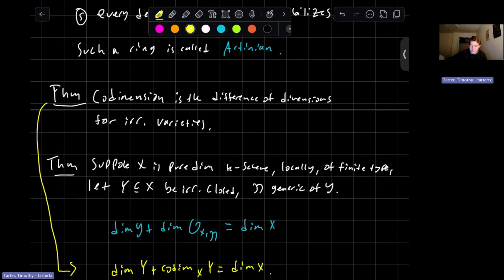Enlightening strenuous exercise. Oh, God. Most surfaces in 3-space of degree d greater than 3 have no lines. Okay, well, this is where we hit some intersection theory.